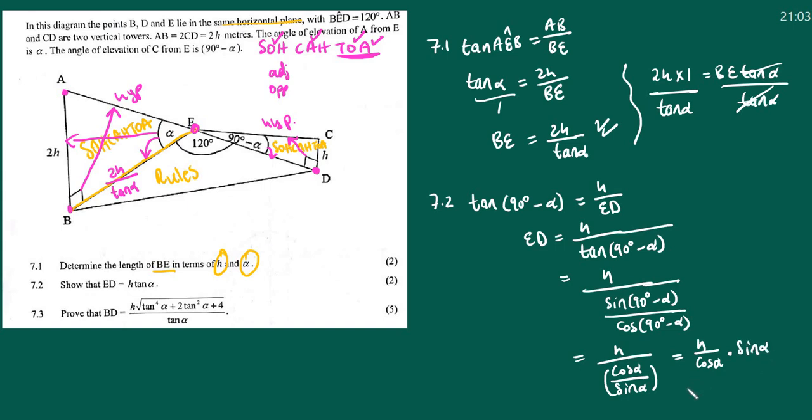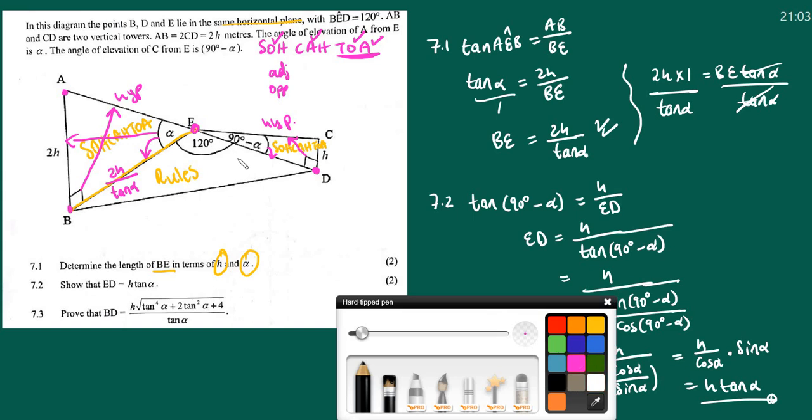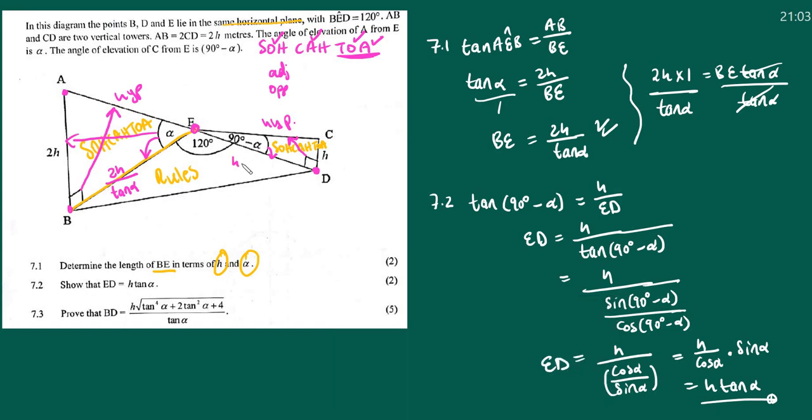So sine over cos is simply tan alpha. Good stuff. So that will be ED there. Get your 2 marks. It's always important to write it. Now we have ED as H tan alpha. Perfect.